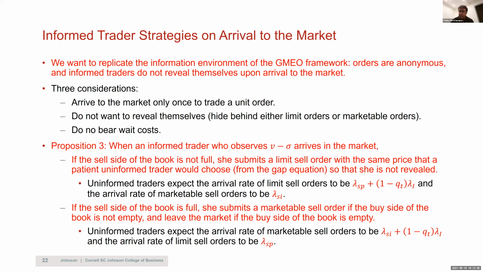But given that, there is still a possibility that they may need to come back again with another marketable order, right? So there would be a series of marketable orders to take full advantage of the information. Is it possible that they would reveal information by sending a series of marketable orders given that the book is full on the limit side?